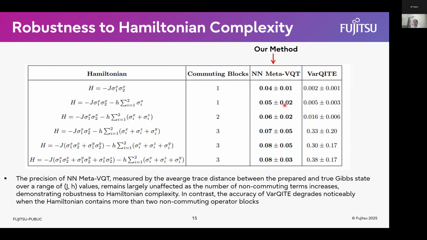This is the trace distance measured between the exact Gibbs state and the Gibbs state prepared using NN meta VQT, which is our method. And this one is the trace distance measured between the exact state and the Gibbs state prepared using another technique known as Warkite. For Warkite, when the number of non-commuting terms in the Hamiltonian increases, the trace distance increases, while for our method it stays almost close to 0 and doesn't show any increasing trend similar to Warkite.